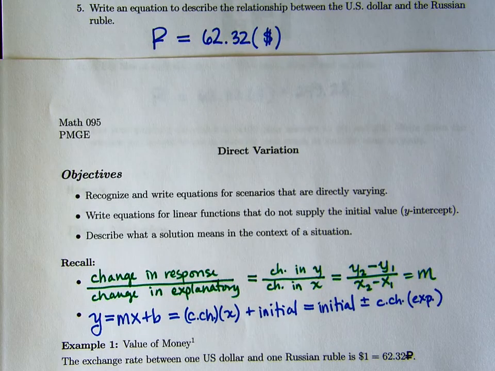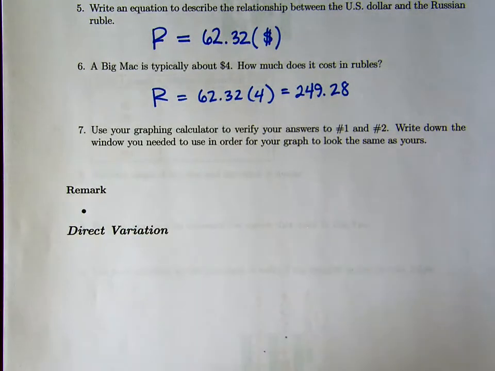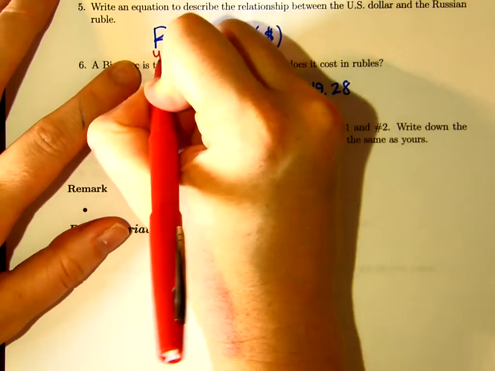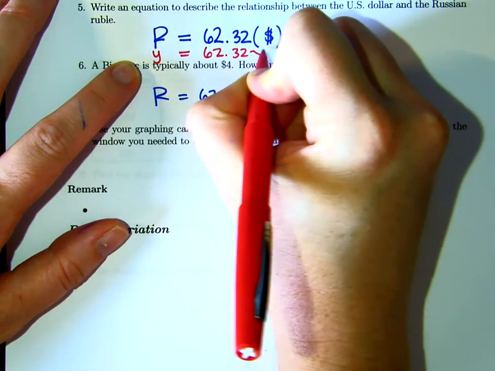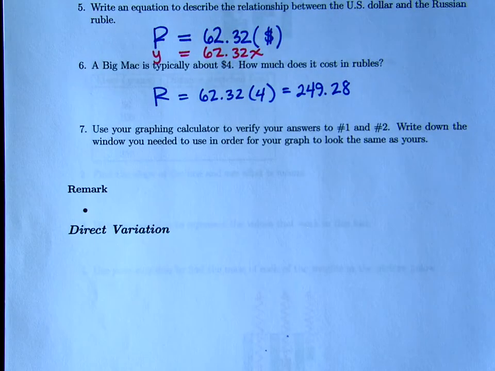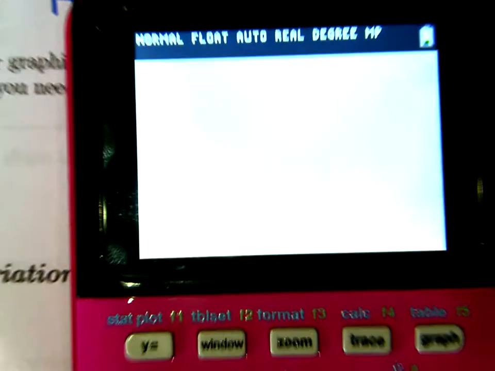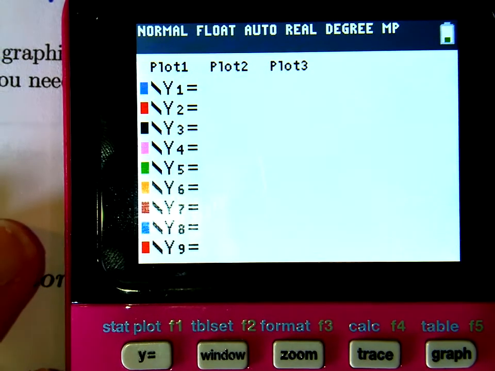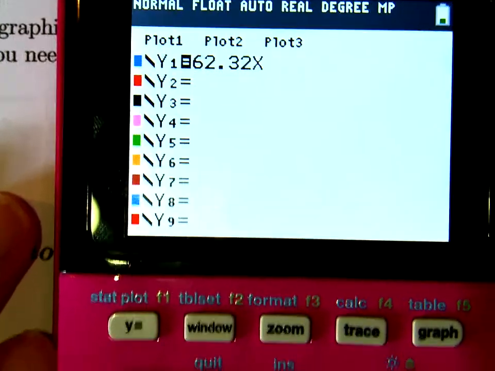Okay, so just so that we're crystal clear, in our calculator now, we are going to have to put that this is y and that this is x, because it doesn't have rubles and it doesn't have US dollars, it has y's and x's. So, here we go. Y equals 62.32 times x.